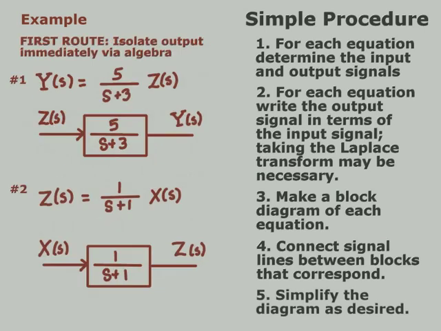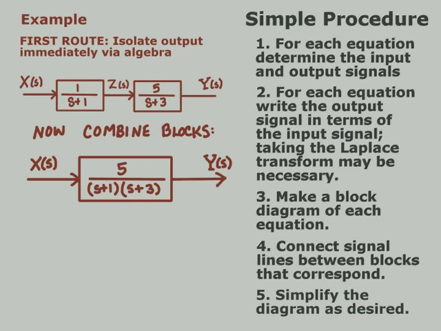We now go to step 3 in our procedure and make a block diagram of each of these equations. For the first equation, we have Z(s) as the input, the transfer function is 5 over (s plus 3), and the output is Y(s). For our second equation, we have X(s) as the input, the transfer function is 1 over (s plus 1), and Z(s) is our output.